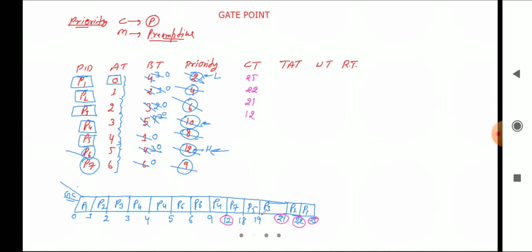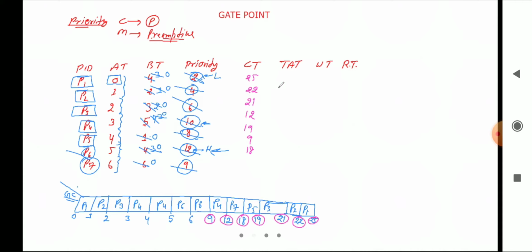Completion time for P5 is 19. Completion time for P6 is 9. Completion time for P7 is 18. So now it is over.